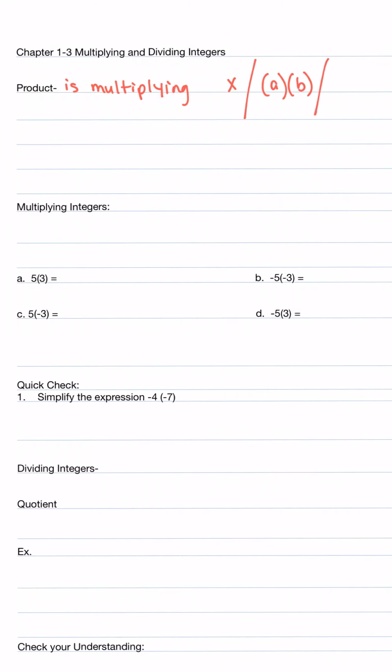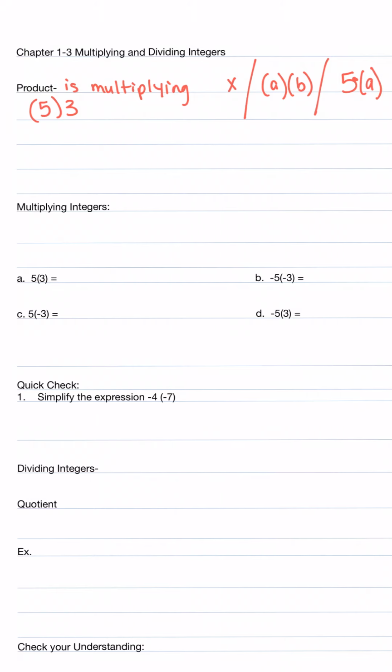It could be a number beside a number in parentheses. Sometimes they have a dot between the two. But for the most part, it's just going to be two numbers right beside each other. So product is multiplying.